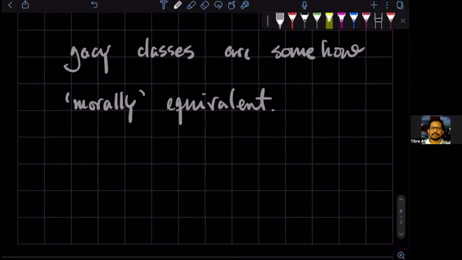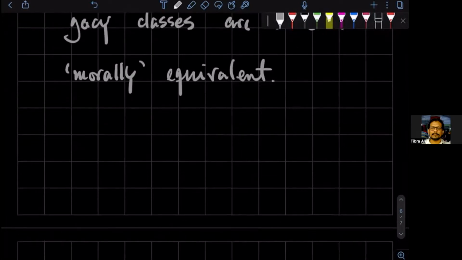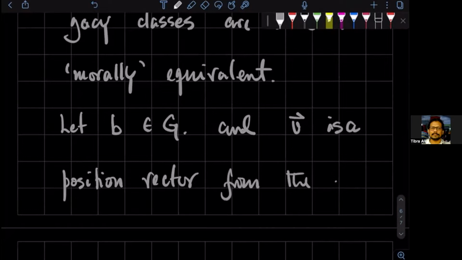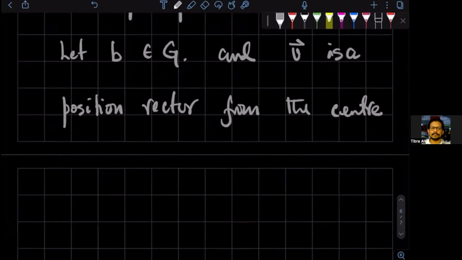So, let's just take the case. Let B be a group element. It doesn't have to be a reflection, but you can keep that in mind if you want. Let B be a group element, and say V is a position vector from the center of the shape, it could be a triangle.